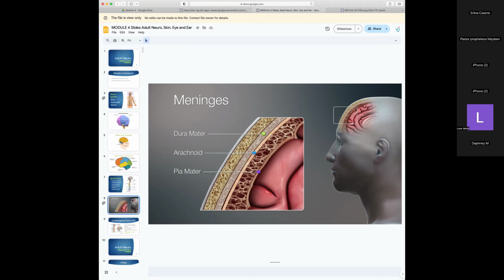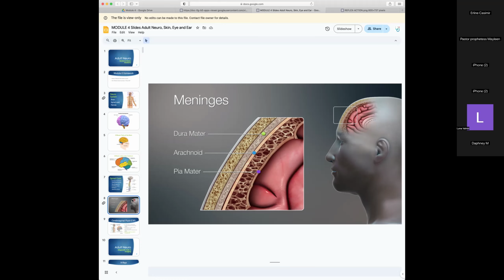What does it mean when something is very durable? It's very tough, right? And mater means mother. So the dura mater literally means a strong or tough mother. It's the first meningeal layer.